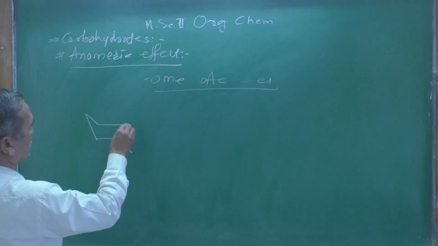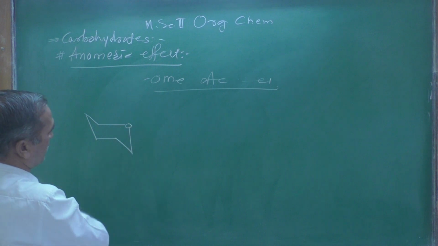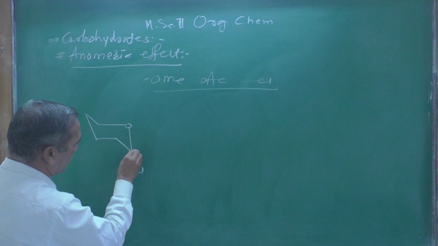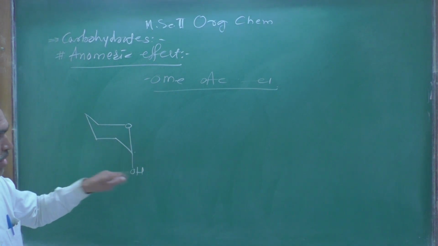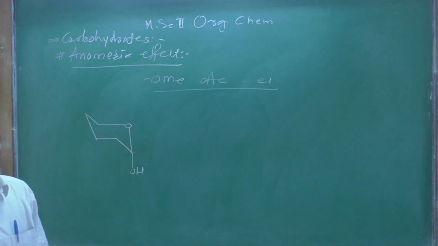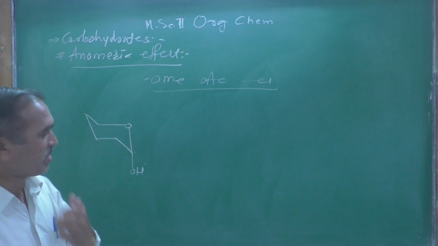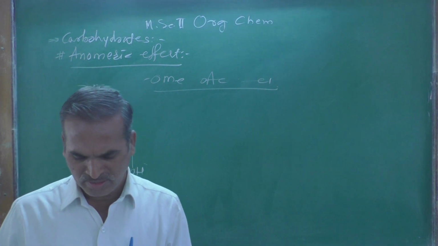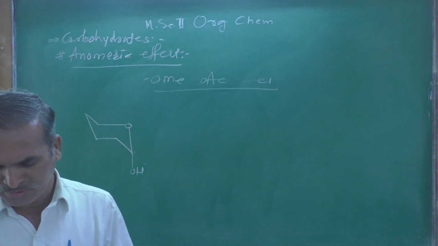This is a chair form, and you might know this is the anomeric carbon number 1, where the hydroxy group is below the plane, meaning it is at the alpha position, and the other is termed the beta position.